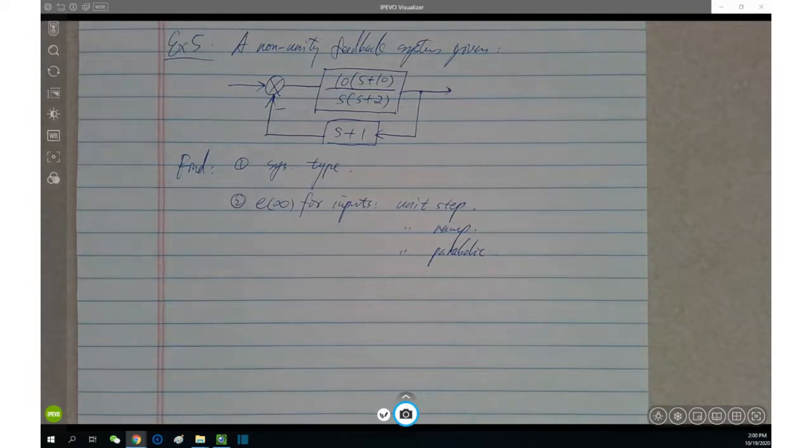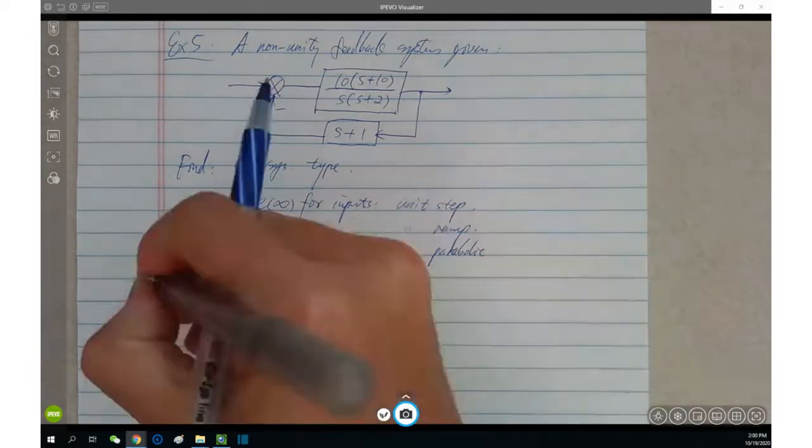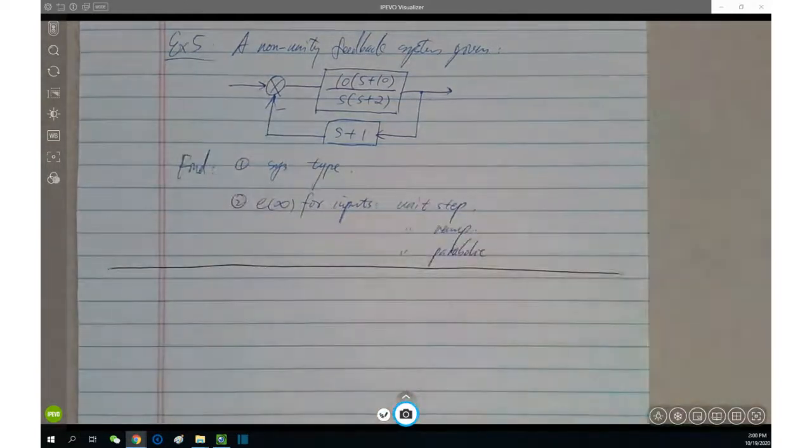All right. No, I got them too. So let's take a look at the solution. Basically, following exactly the same procedure here.